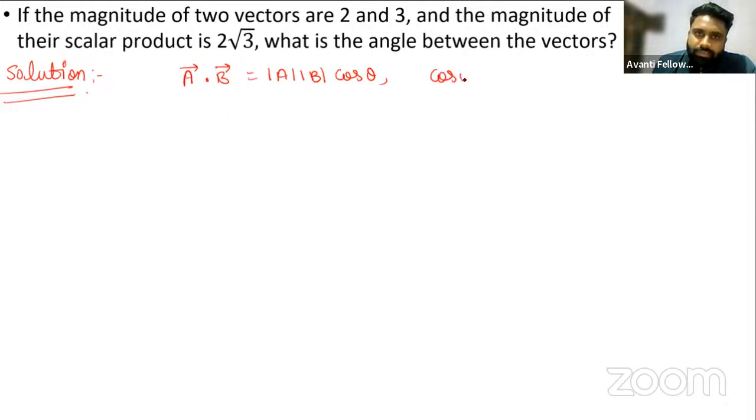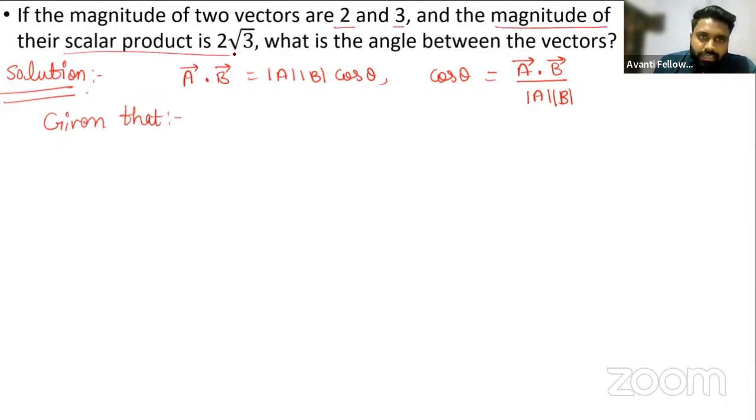And for the angle between the vectors, cos theta is equal to the dot product of A vector dot B vector divided by magnitude of A, magnitude of B. Now, in this question, the magnitude of two vectors are already given, 2 and 3, and the magnitude of their scalar product is also given, which is 2 root 3.